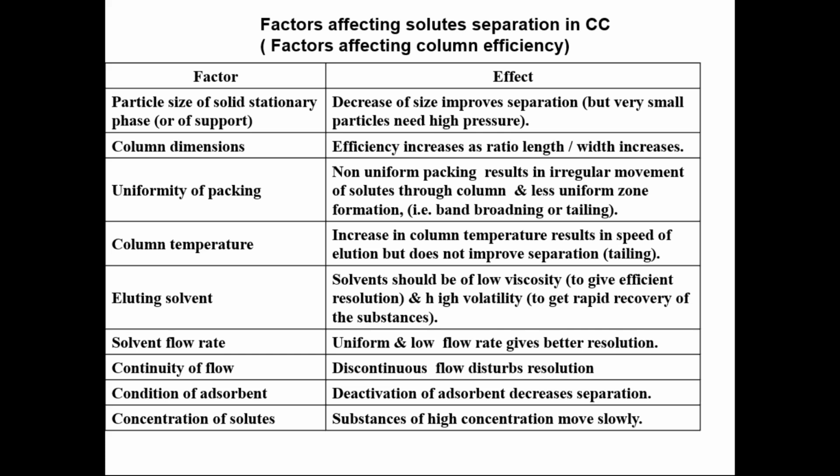So if you have a column with 4.6 millimeters internal diameter and a column of 2.1 millimeters internal diameter, the efficiency of separation or the resolution in the 2.1 millimeter column will be far better than the 4.6. Some separations are better at higher temperatures, so the columns are placed in an oven to increase the temperature.